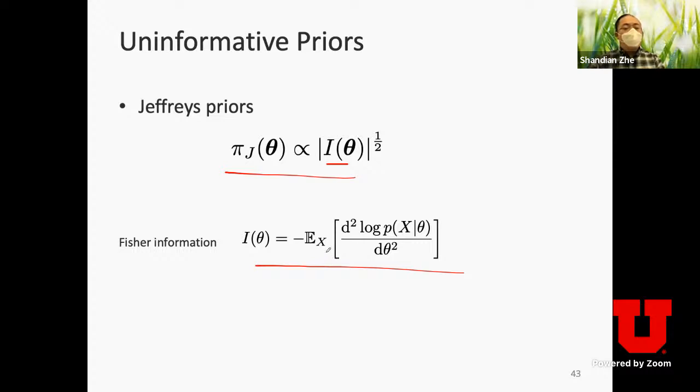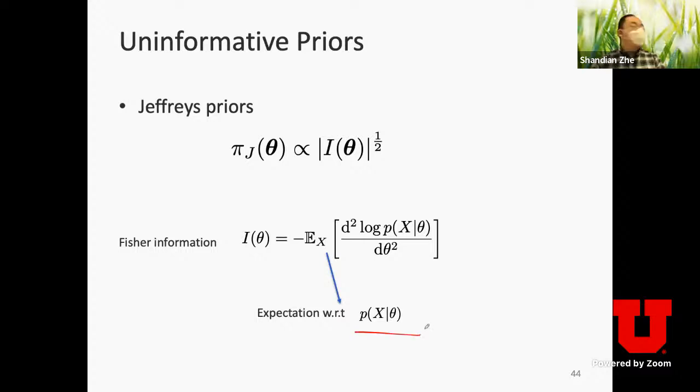Then you take the expectation under the distribution of x given theta. And then you take the minus sign. This is called Fisher information. This is a very important statistic used in the statistical literature. But here, the Jeffreys prior is defined based upon that.